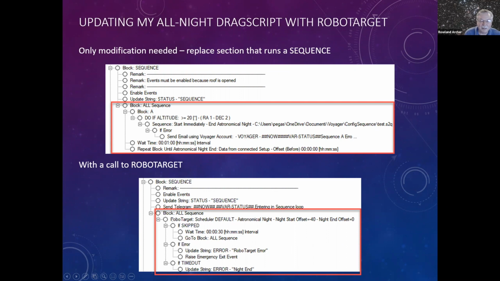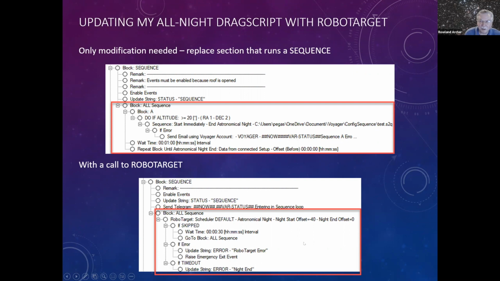So there's literally one call to Robo-target, and then just handling three different error conditions: skipped, an error, and a timeout. The details are not relevant here, but you can see it's very simple to handle these three errors, and that's pretty much the way you're going to want to do it. So it was very simple.